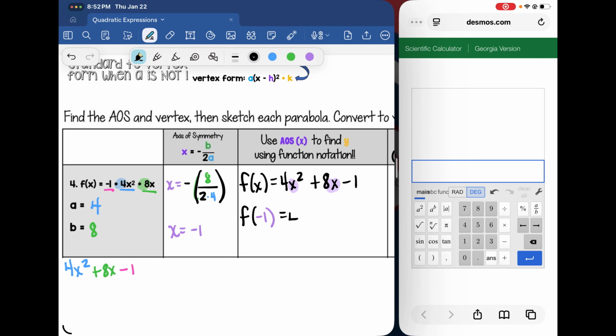So 4 times negative 1 squared plus 8 times negative 1 minus 1. Use your calculator to find f of negative 1. And f of negative 1 should equal a negative 5.